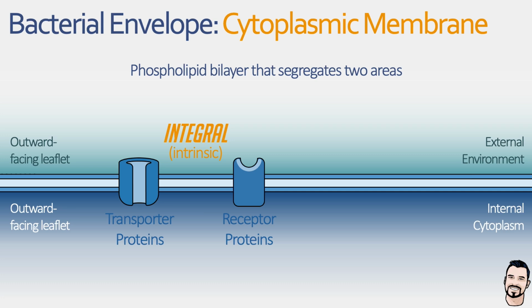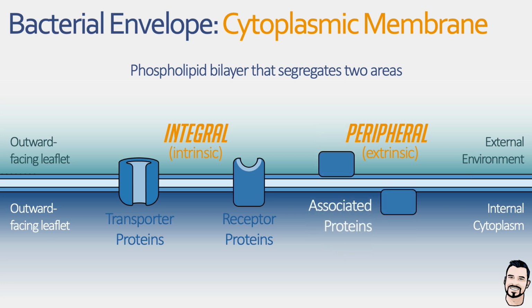Then we have our second group of proteins, which are the peripheral or extrinsic proteins, and they associate with only one leaflet of the cytoplasmic membrane. Essentially, they provide alternative functions such as the enzymatic degradation of waste products or the metabolism of complex materials so that they can be more readily transported into the cell via the transporter proteins.